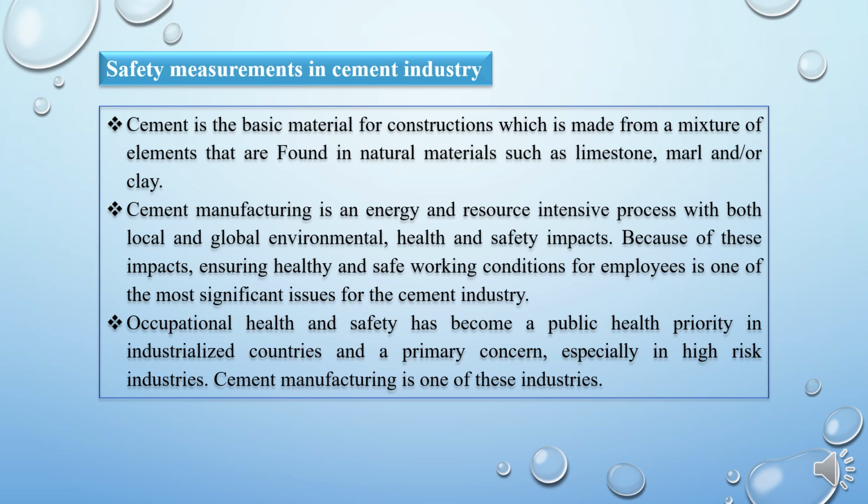These are the three raw materials for the cement. Cement is the kind of industry where occupational health and safety is very important. If they will not take care of the occupational health and safety, they will face different kinds of circumstances which will not be okay for the cement industry.